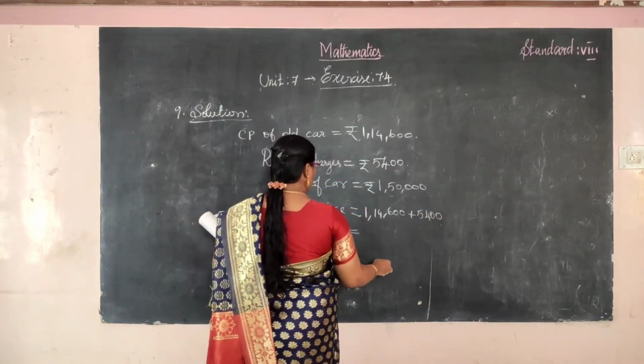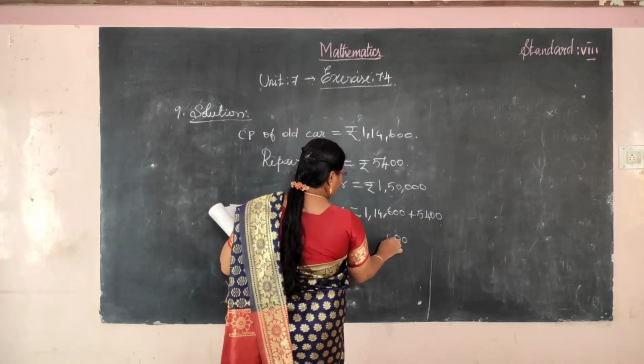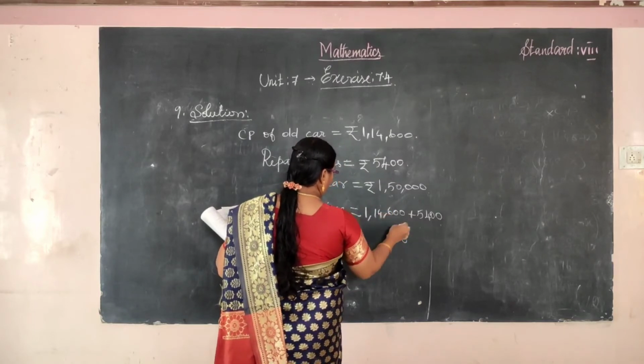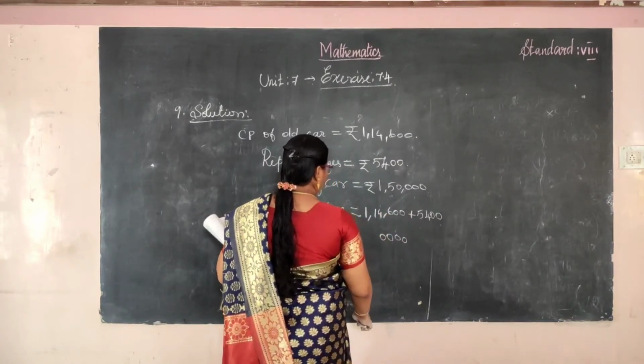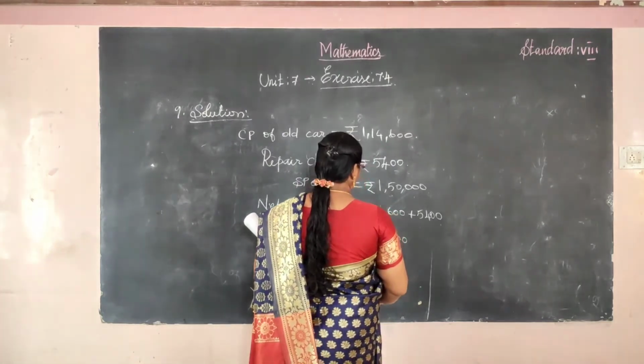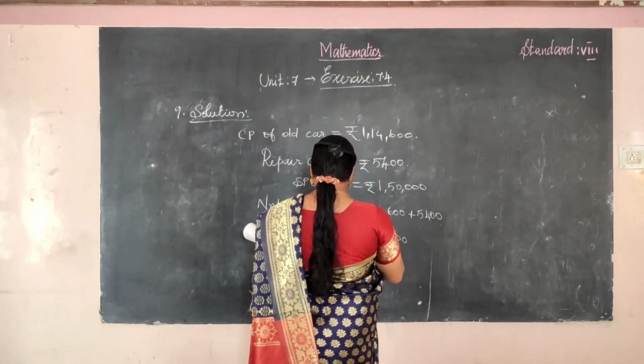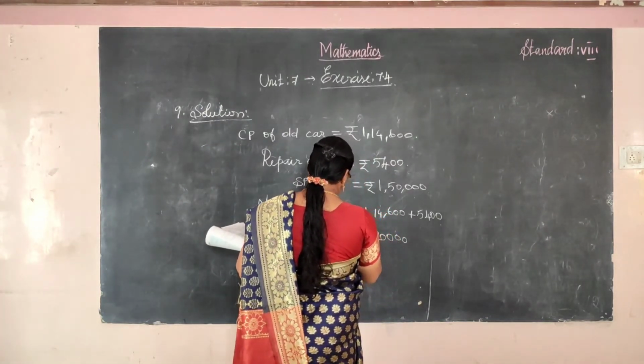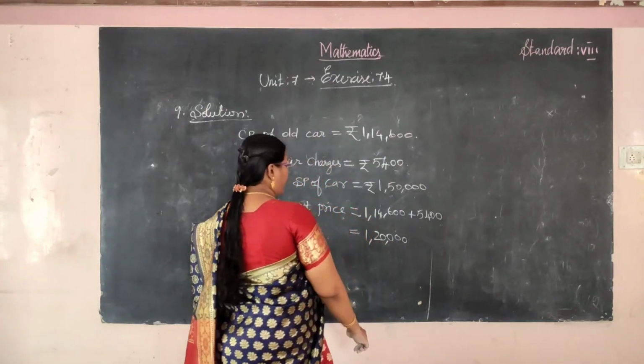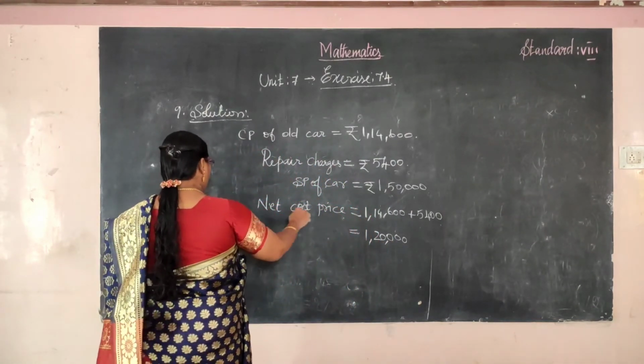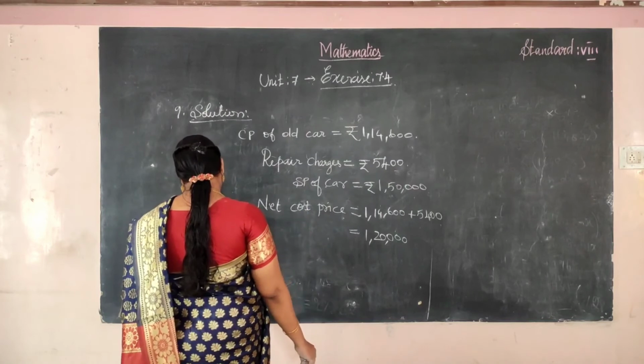Add these two values, we get 1,20,000. So the net cost price is equal to 1,20,000.